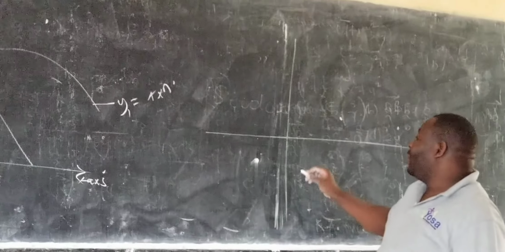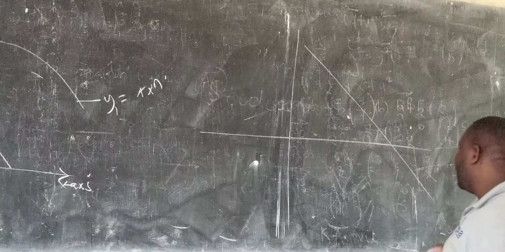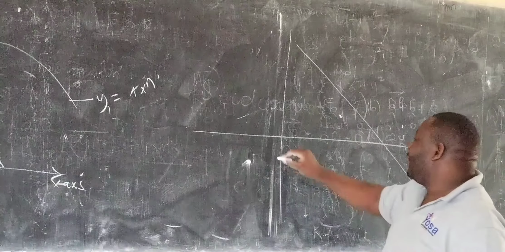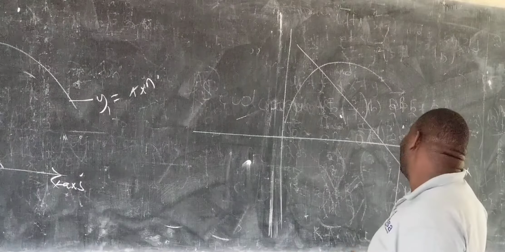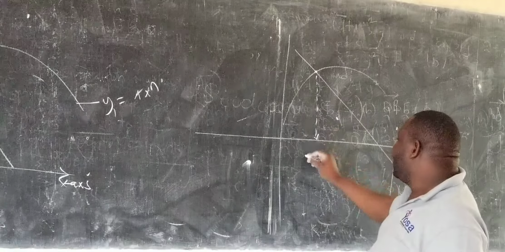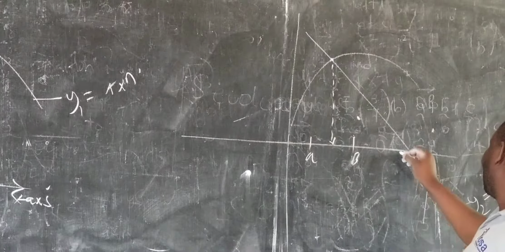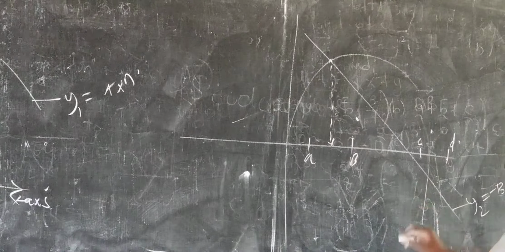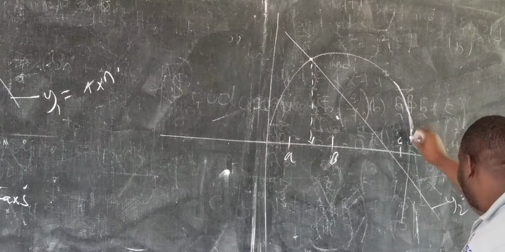For example, you can draw this one here as your y2 equals negative bx, and then this one here maybe it is like this. If they intersect here, there will be a root, for example in interval AB. Then they can also intersect here, in interval CD.